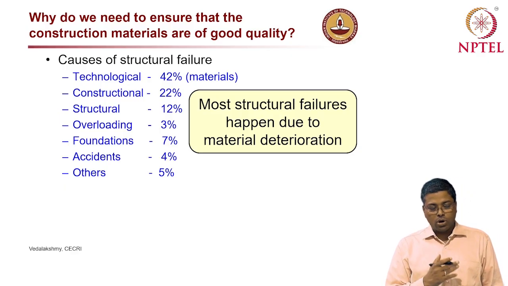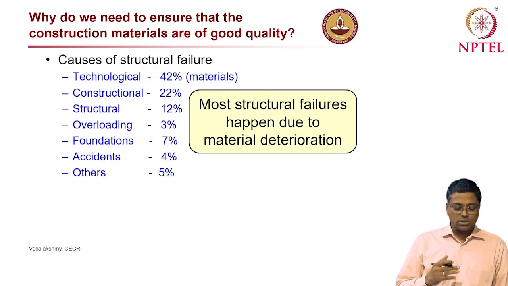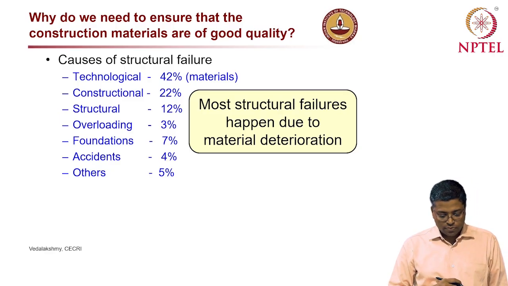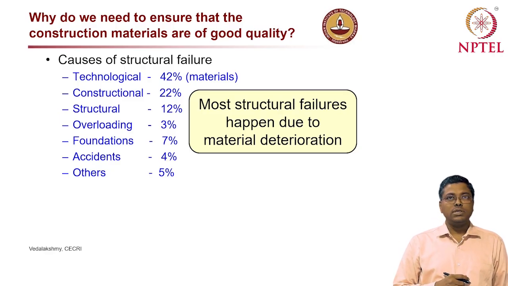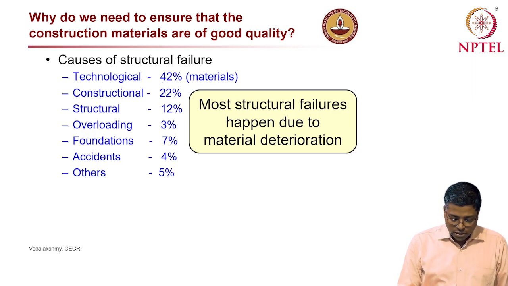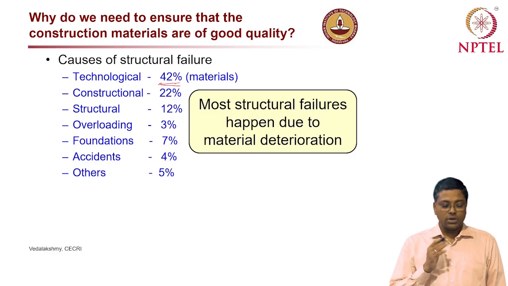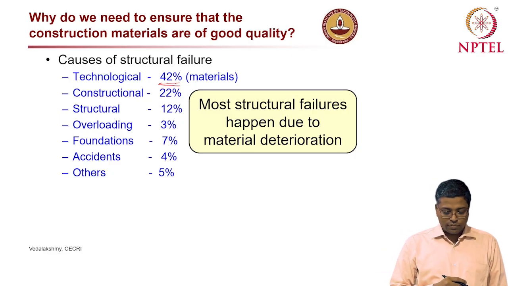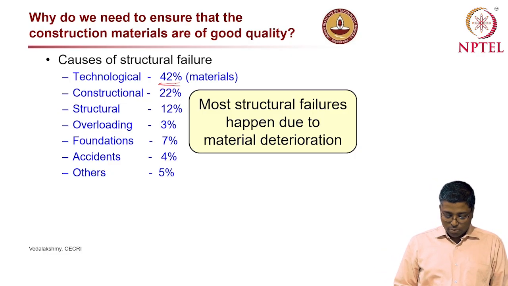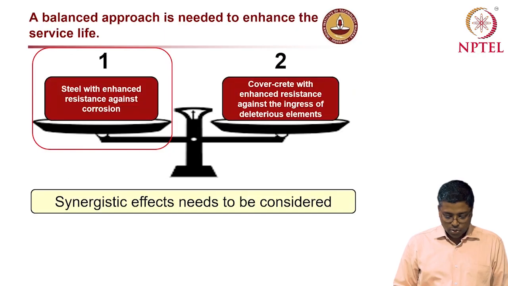If you're talking about long-term deterioration processes that lead structures to some failure, mainly we have seen that it is due to material deterioration. As you can see here, based on the case studies, about 40% of failures are mainly due to the materials not being able to meet the adequate properties.